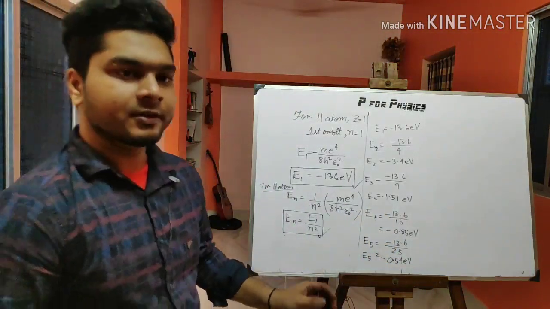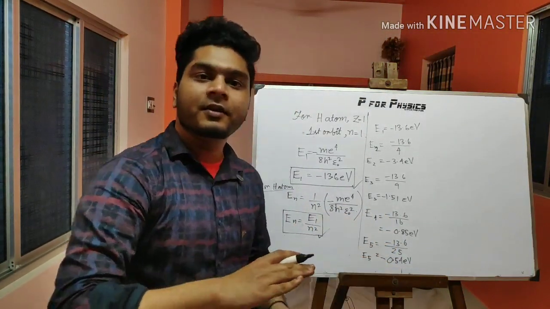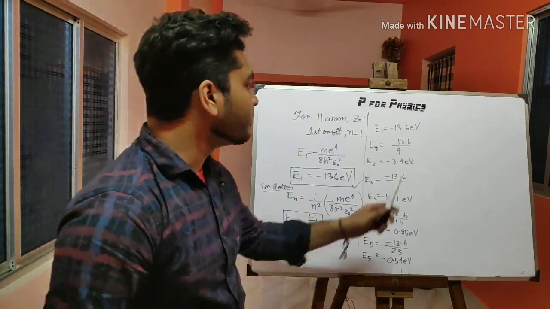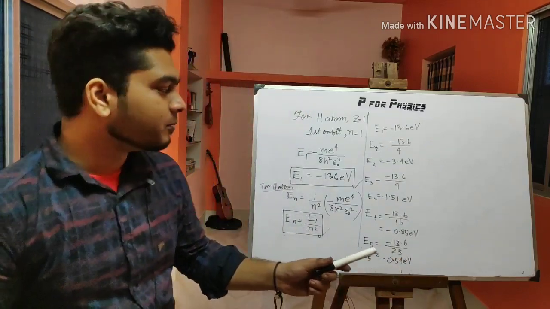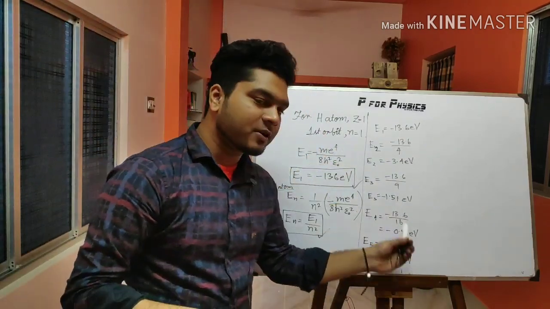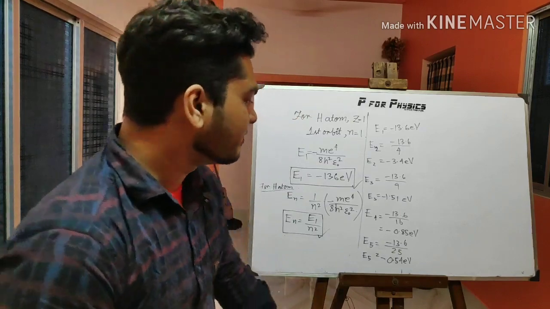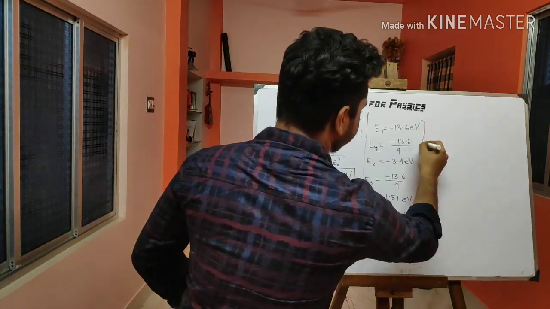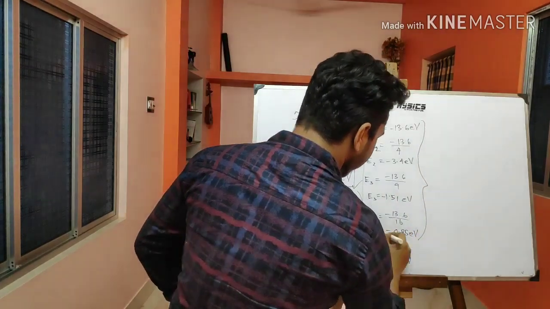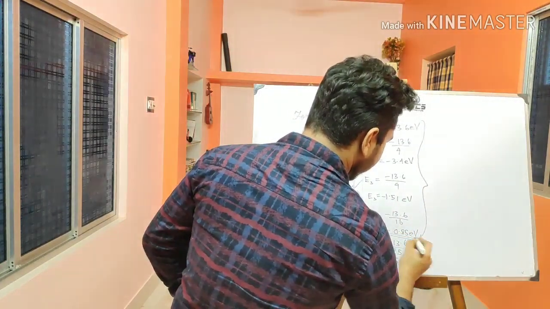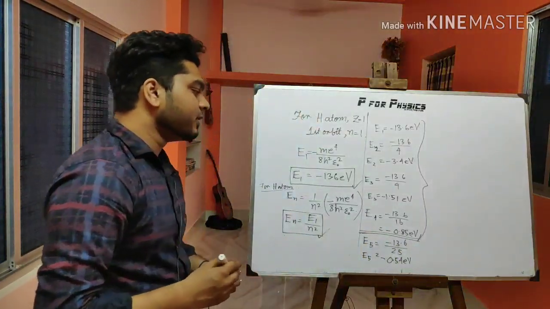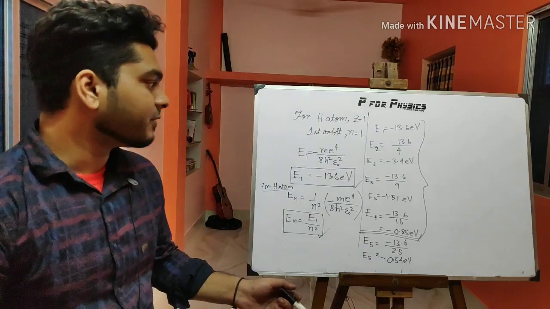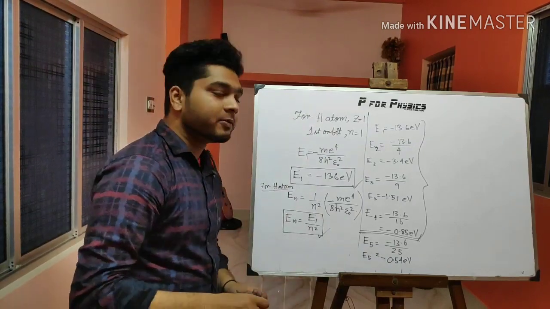As you can clearly see, I didn't use any calculator, or I didn't even calculate. Why? Because I simply memorized all these values. You don't need to memorize all the values going down to say number 6, 7 or 10, but at least up to level 4 please memorize, because these things will be very helpful in solving numerical problems, because you will not always have enough time, especially in the competitive exams.